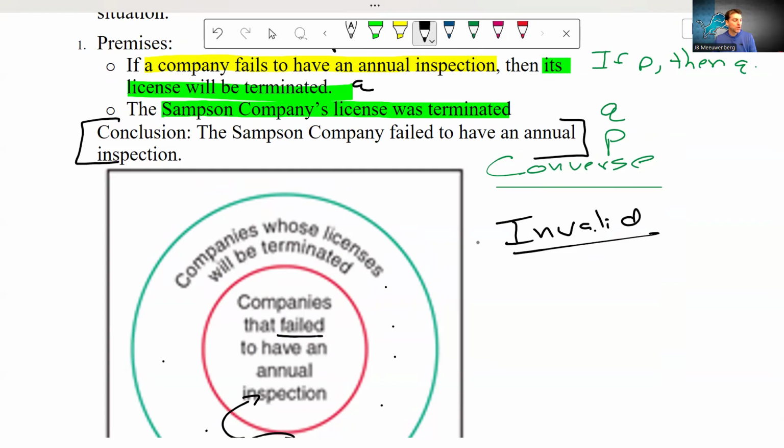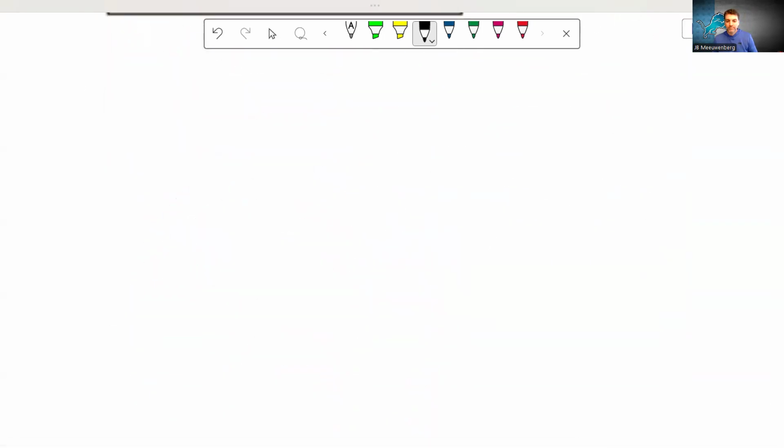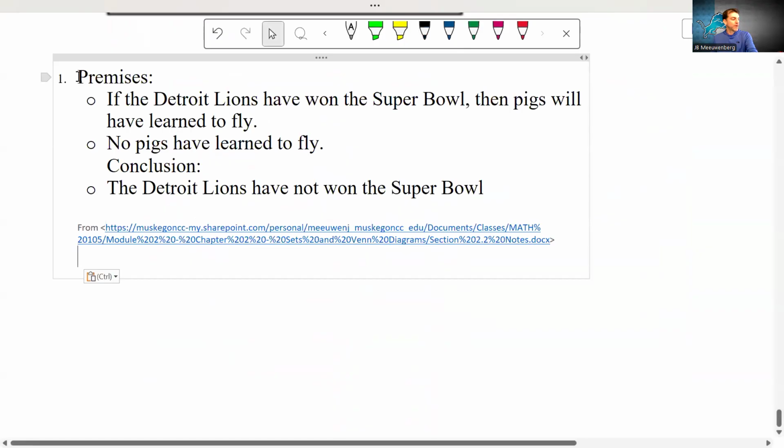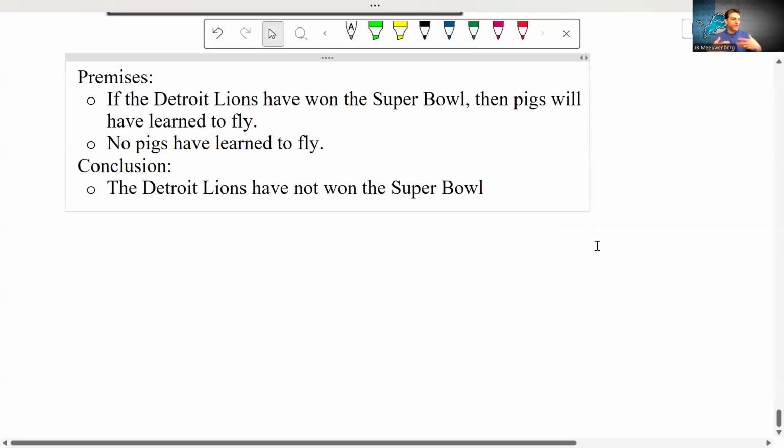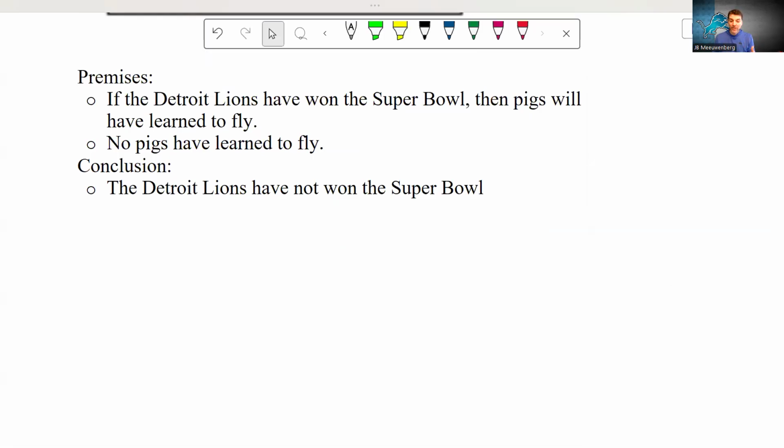Okay, let's look at another one. This is my favorite. All right. Premise. Go ahead and pause this, read this, and see if you can determine if this is valid or not.